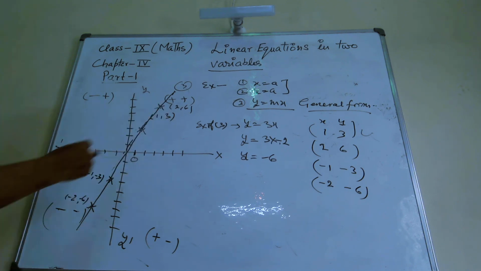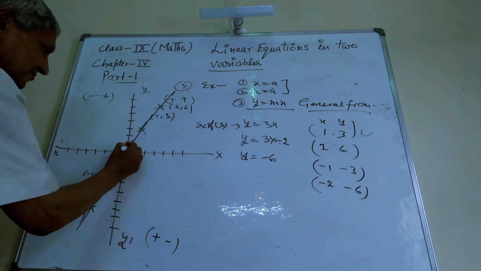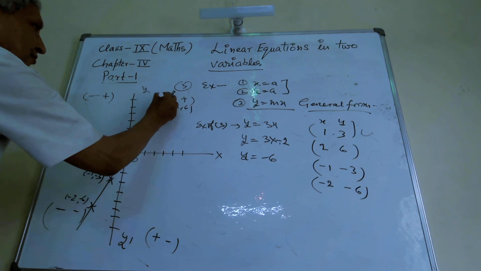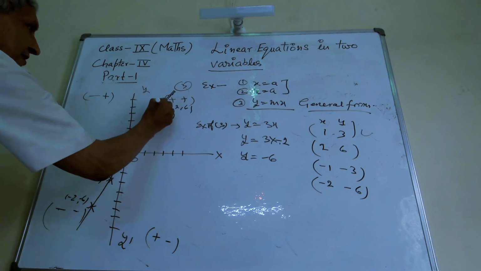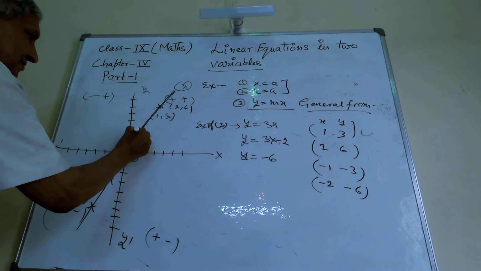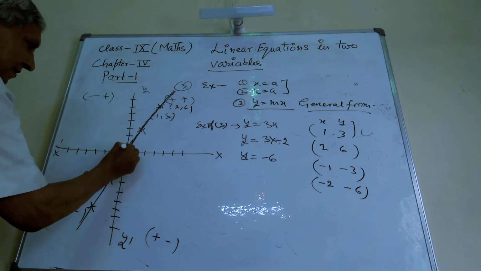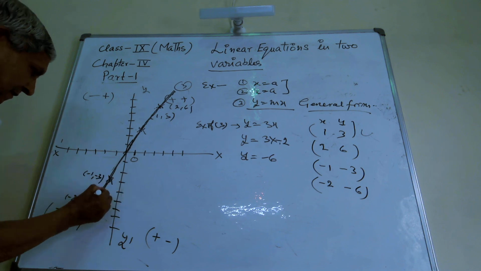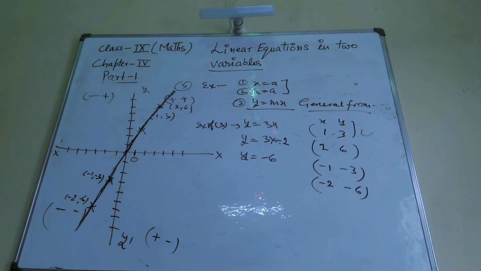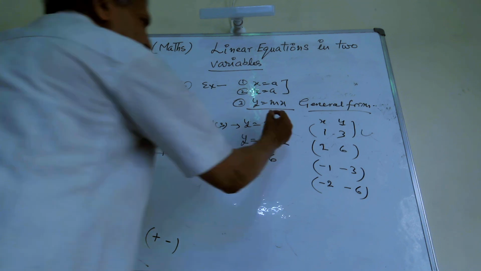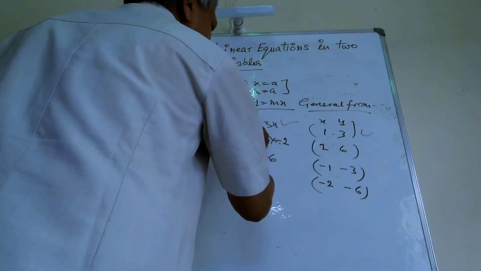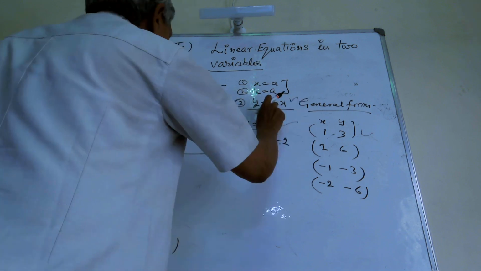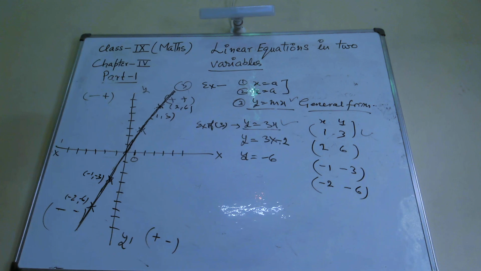This line is passing through the origin. If you draw this line on the graph paper, you will see this line. This is approximate. This is the line of the equation y is equal to mx, and this is the example of this type. The line is passing through the origin.